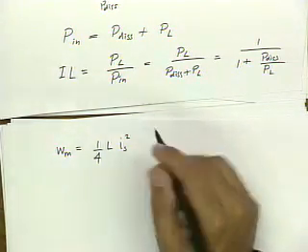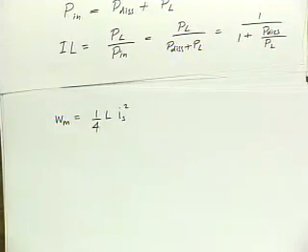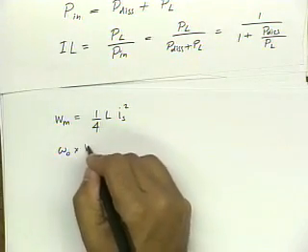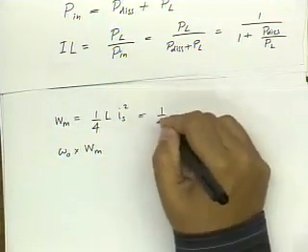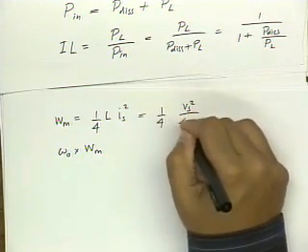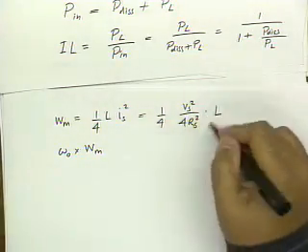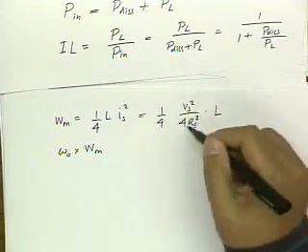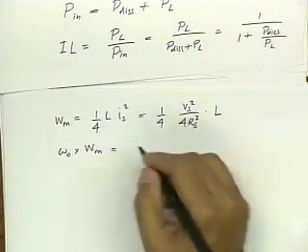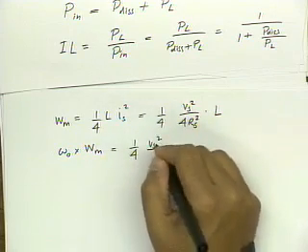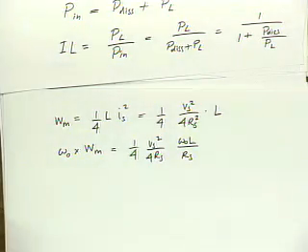Now, if I look at omega naught times omega m, let me write this as 1/4 Vs squared over 4Rs squared times L. That's because at resonance, the current that flows, for a series resonant circuit, is just proportional to 1/Rs. And I have 1/4 Vs squared over 4Rs squared, omega naught L over Rs.